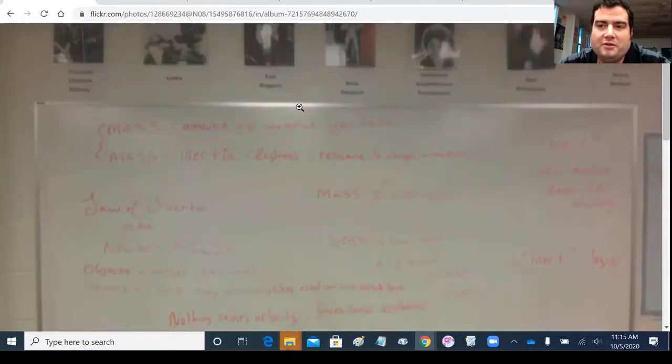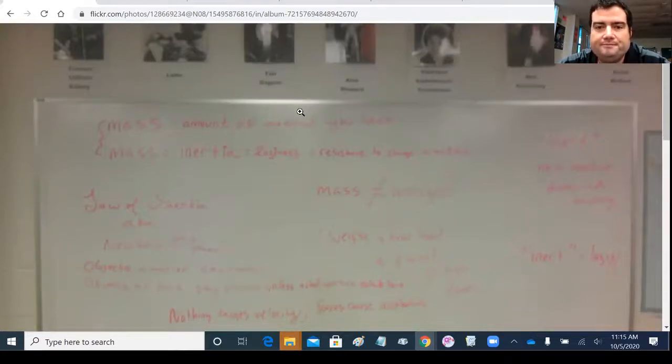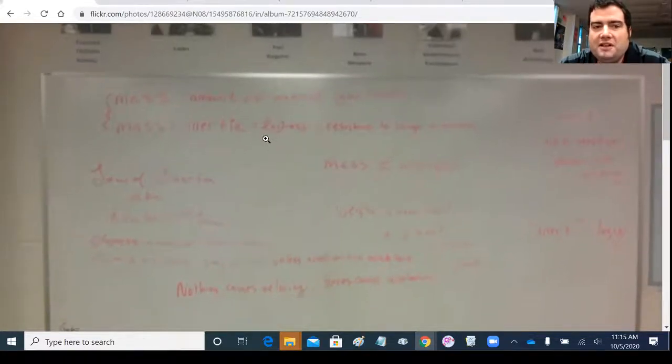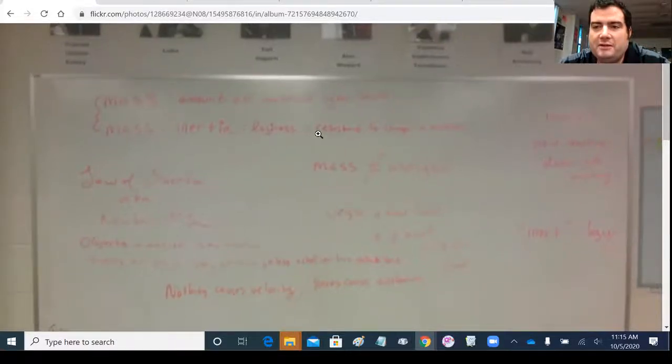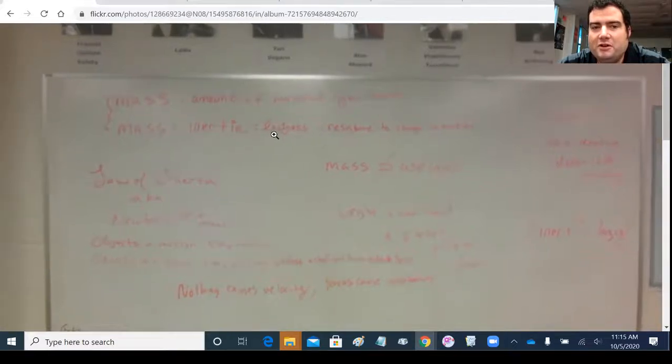We put chemicals on a balance and weigh out how much material there is. But it turns out that mass is actually also a description of how much an object resists changes in motion. So I give it that same Greek word, inertia, laziness, to describe mass. And the more inertia, the more mass something has, the harder it's going to be to get it to accelerate.